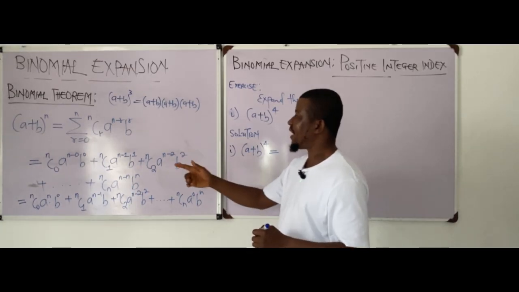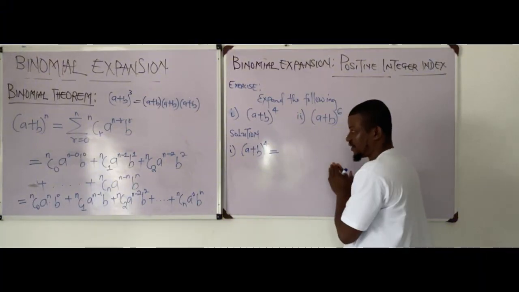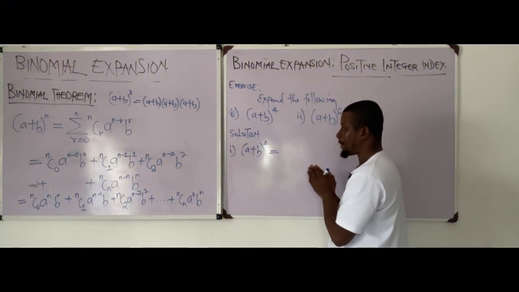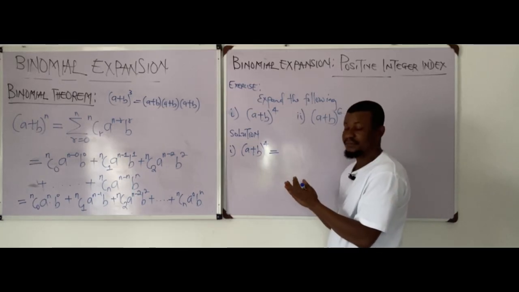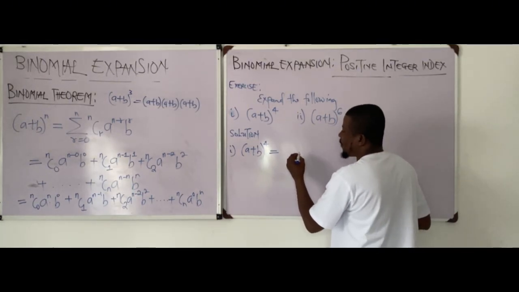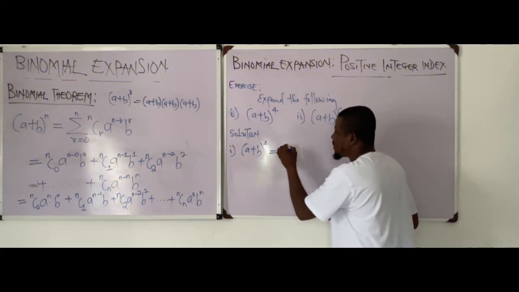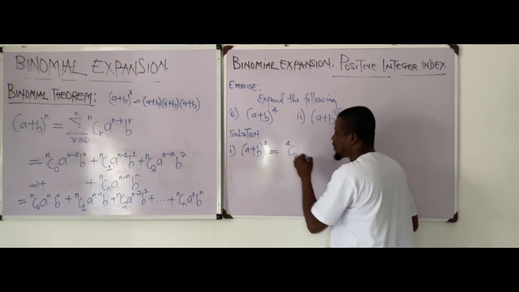From the formula, you have to make a summation of terms, and you have combinations of terms. So the power here, n, is 4 definitely. So we'll say 4 combination 0.